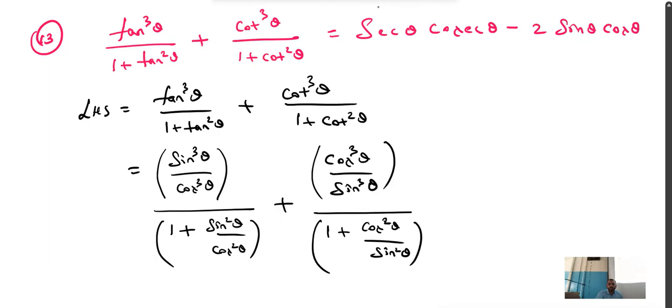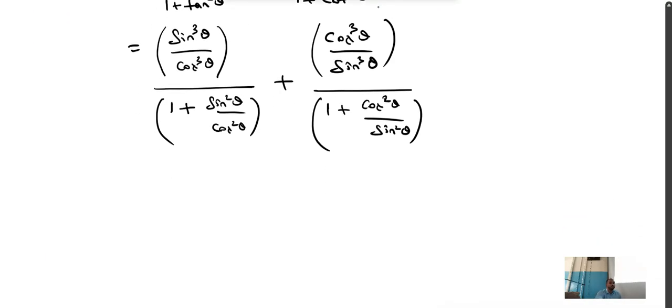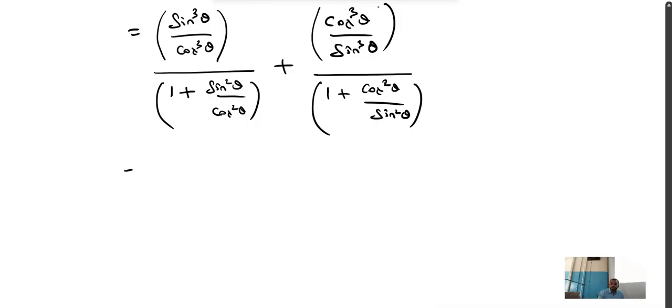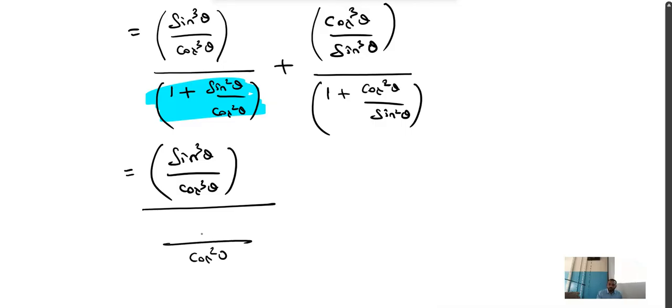Correct, no? Till here did you understand? Sure? Now next step. Sin cube theta by cos cube theta as it is. Now divided by, can we take the LCM for this step? Yes, what is the LCM? Cos square theta. Correct now? Denominator, nothing is there means 1. 1 and cos square theta is cos square theta.